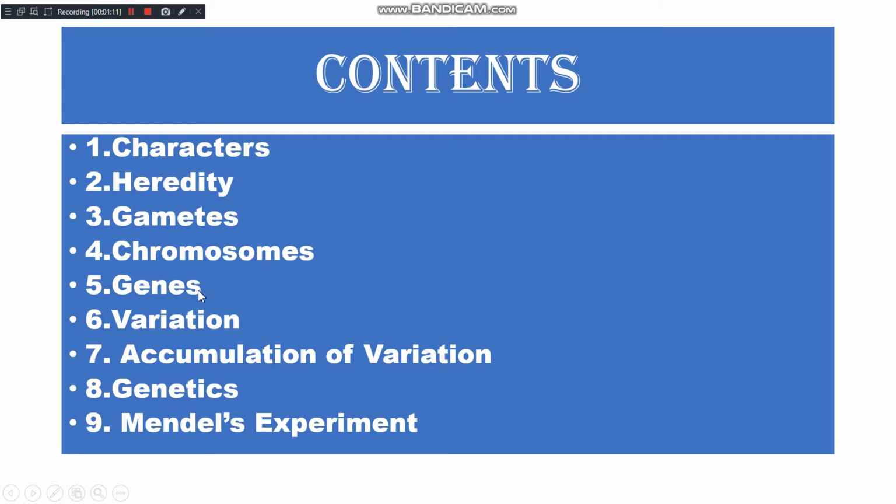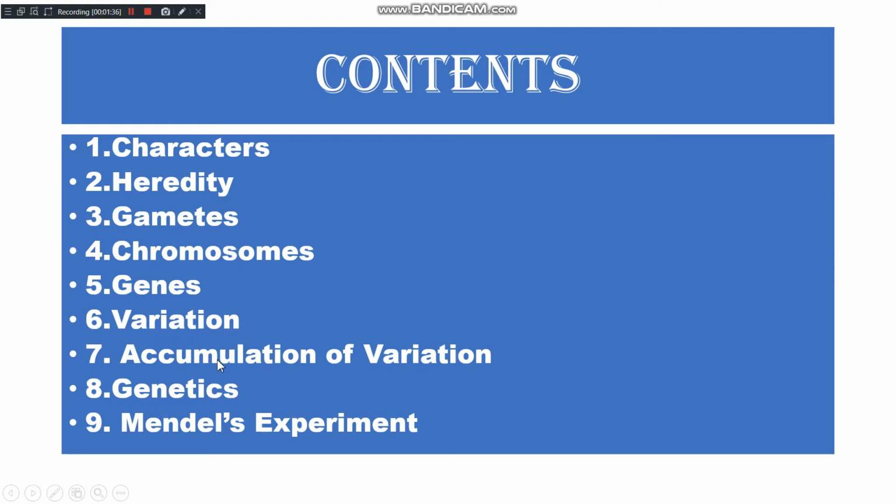Genes are located on the DNA, and they carry the information from one generation to another. Then variation: the differences in the features between two persons or among different persons, what differences are present, that is called variation.